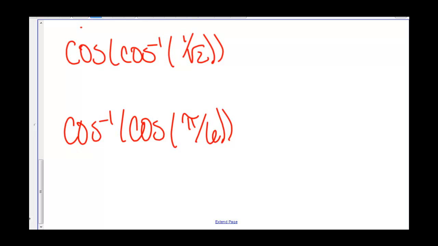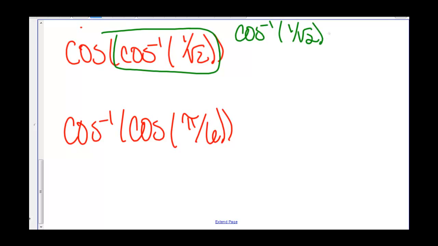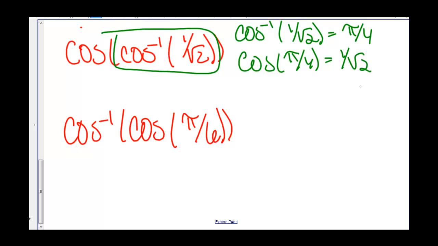So using our unit circle, the inverse cosine of 1 over square root of 2 is pi over 4. Cosine of pi over 4 is 1 over square root of 2.